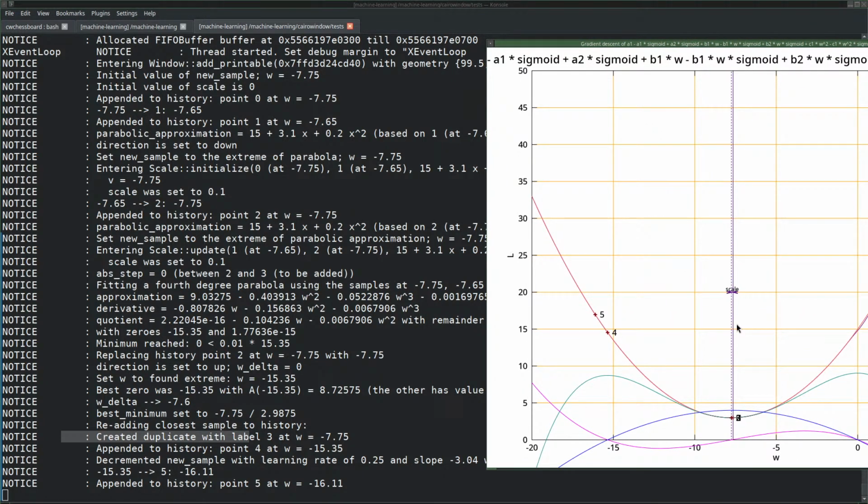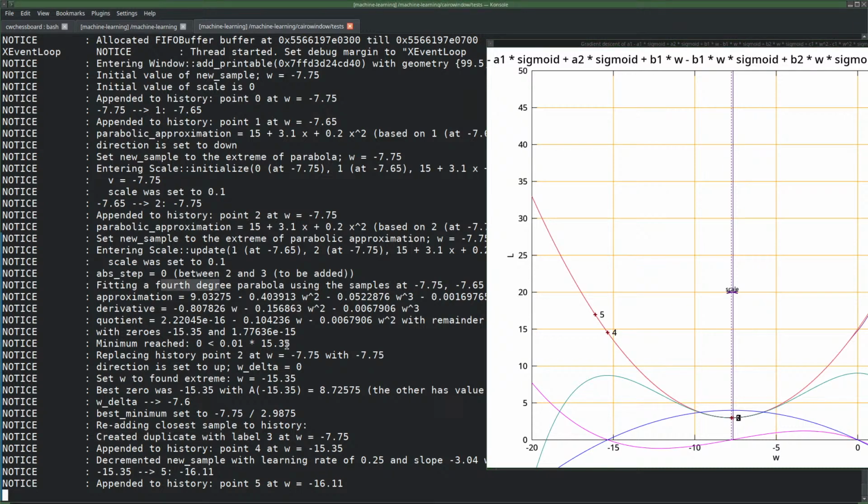The point is that in order to fit something, I use the last 3 to fit the 4th degree. I do fit the last 3 samples that we have. I'm going to use 4, 5, so I need a 3. That is the last thing in history, and then the previous one, and the previous one should be the one that is closest, which is the one under the dotted line, which is the minus 7.75. So it was actually correct.